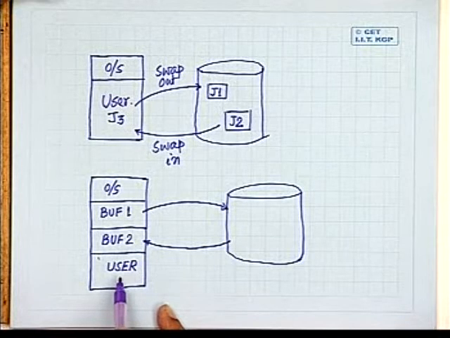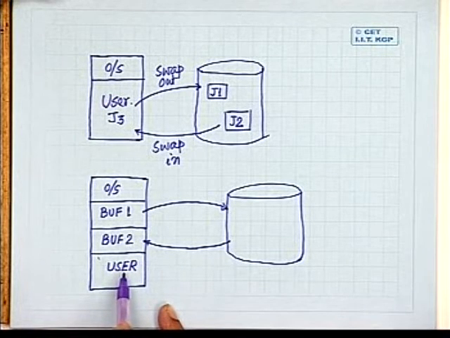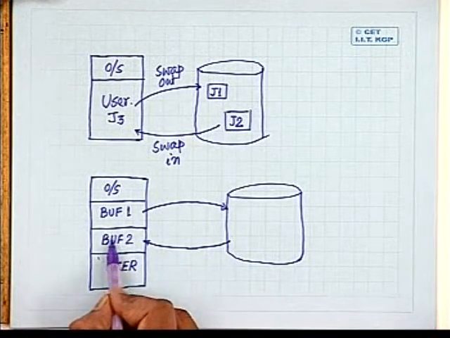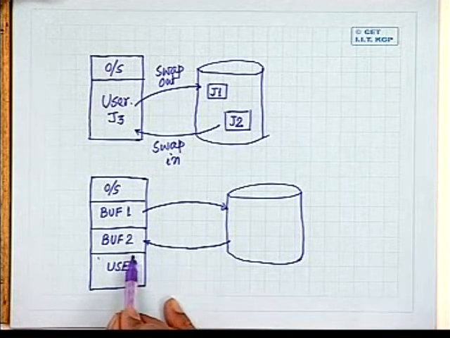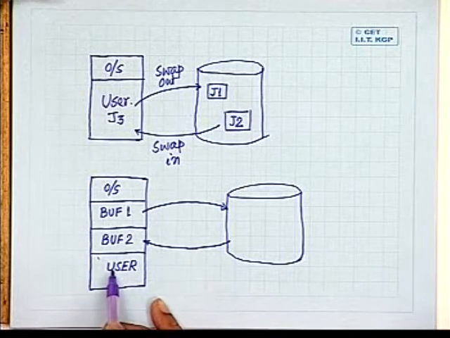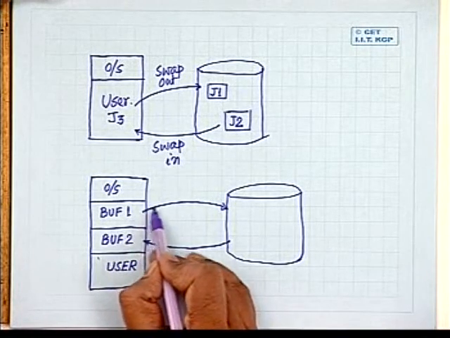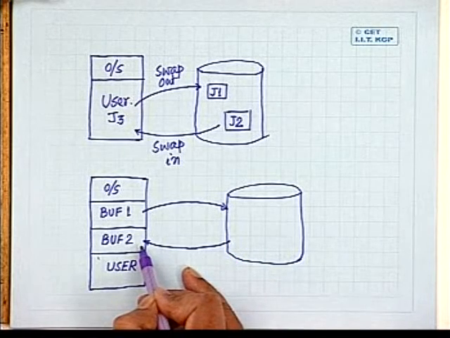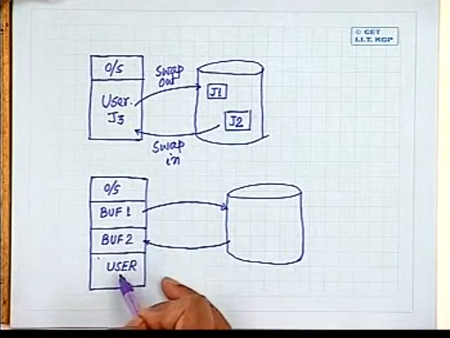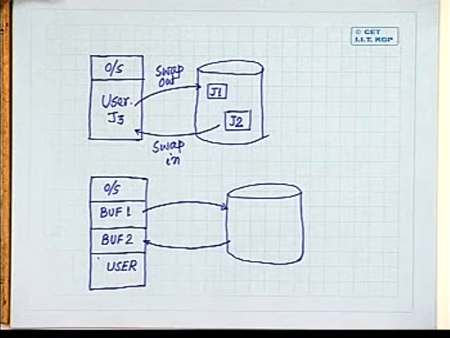In user area, I have a new job which is to be executed, and buffer area 2 is free. So next time, while executing the job in the user area, I can swap out the job from buffer area 1 and swap in a new job into buffer area 2. All these processes can run concurrently.